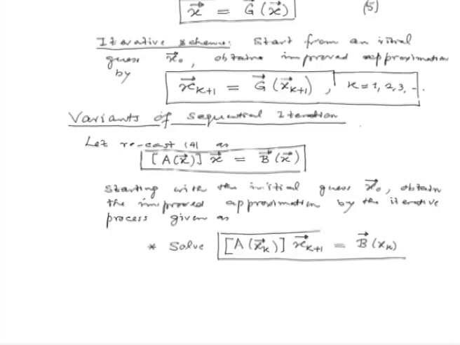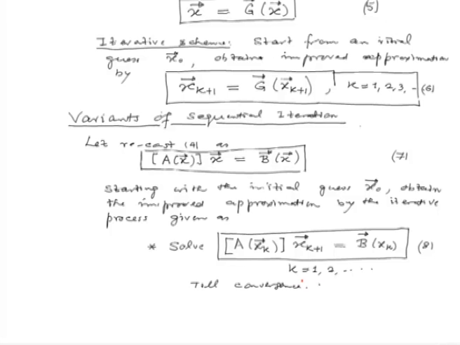So, this is a linear system. So, solve this linear system where k can range from, let us say, 1 and so on till convergence.